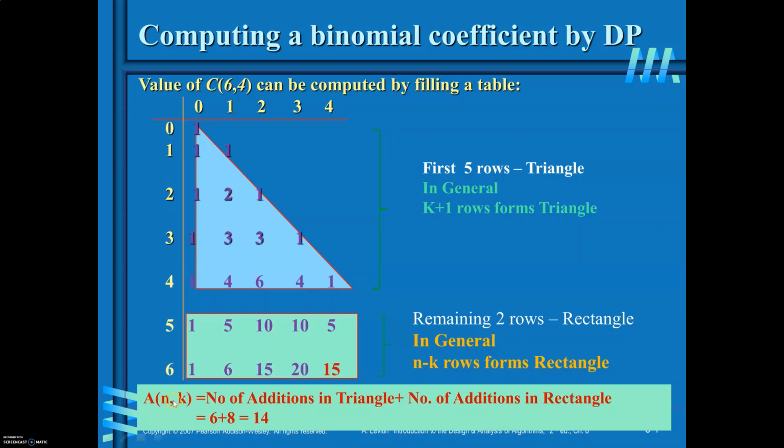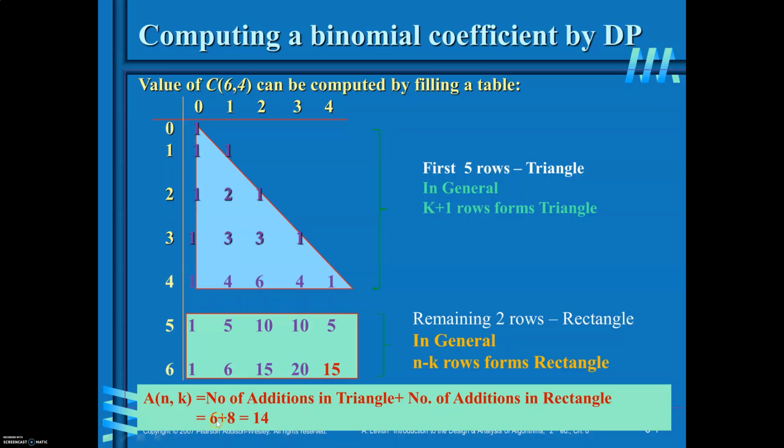So A(6, 4) is equal to the number of additions in the triangle, which is 1, 2, 3, 4, 5, 6. 6 additions in the triangle and 1, 2, 3, 4, 4 plus 4, 8 additions in the rectangle. Right.